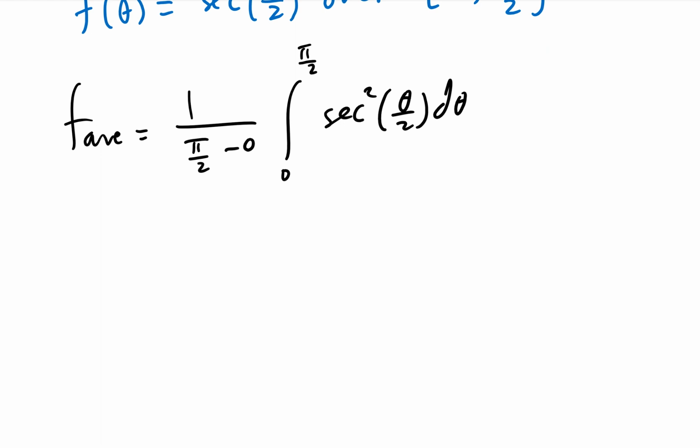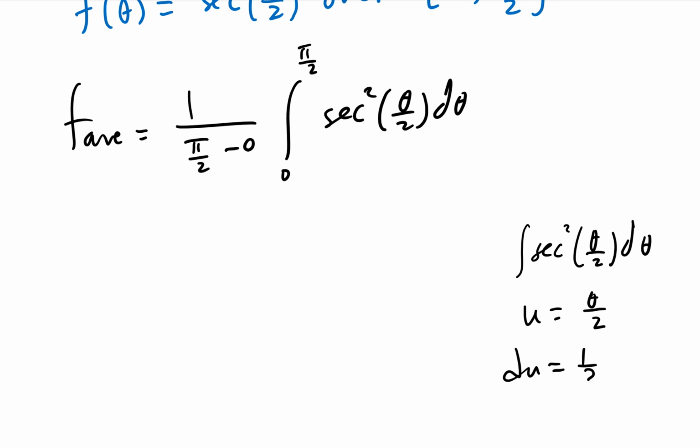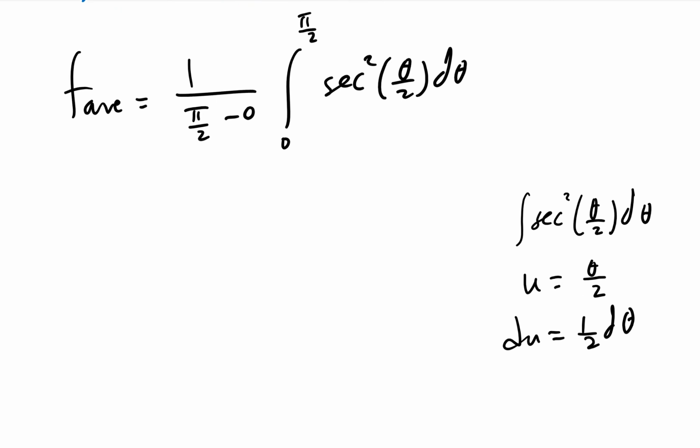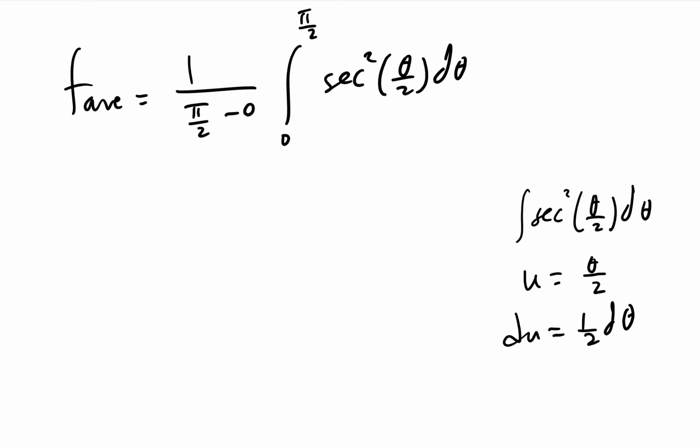To integrate this one, we can use u sub. On the side, use u equals theta over 2. Du is 1/2 d theta. So here we multiply by 1/2 and 2 there, and we get 2 secant squared u du.